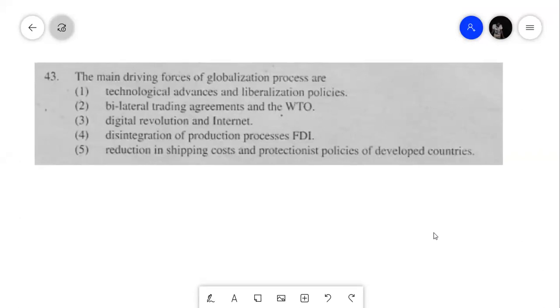Technological advances, you all know, right? Everyone knows what technological advance is, where technology is developed. But what is liberalization policies? What does that mean? Anyone?